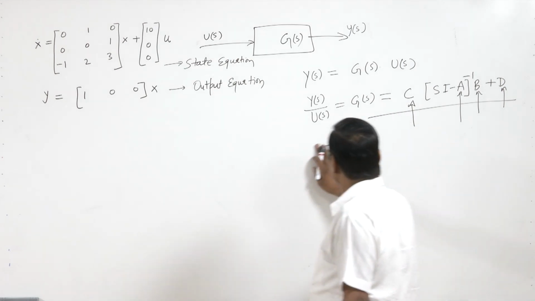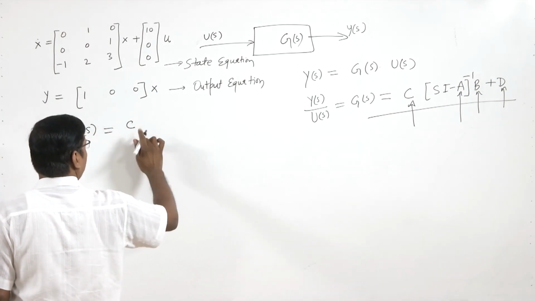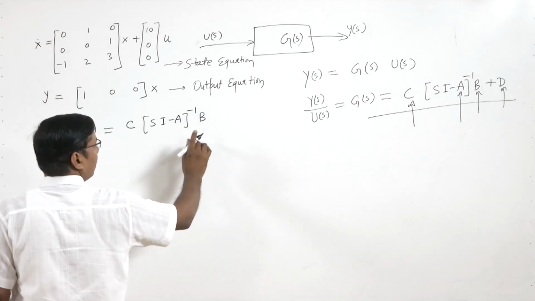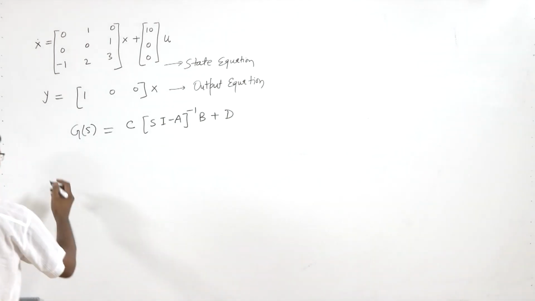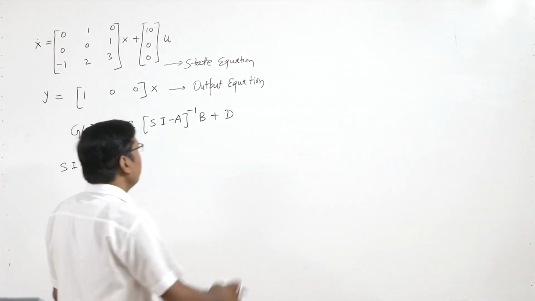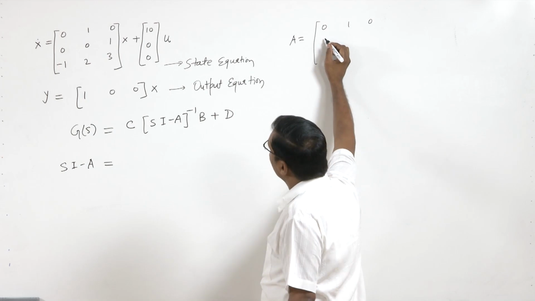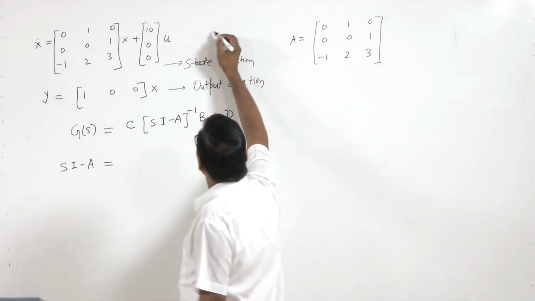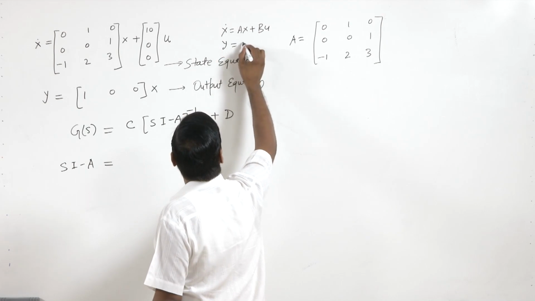To find the transfer function, we can find G(s) equal to C (sI minus A) inverse B plus D. So first let's calculate sI minus A. Here the matrix A equals 0 1 0, 0 0 1, and minus 1 minus 2 minus 3, because we can compare this with x dot equal to Ax plus Bu, and the output equation with y equal to Cx plus Du.